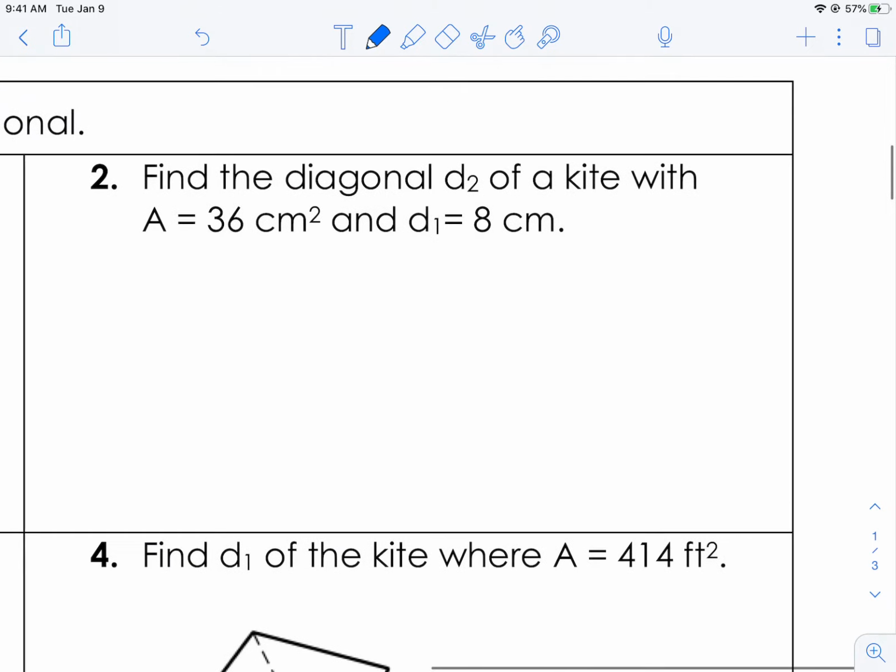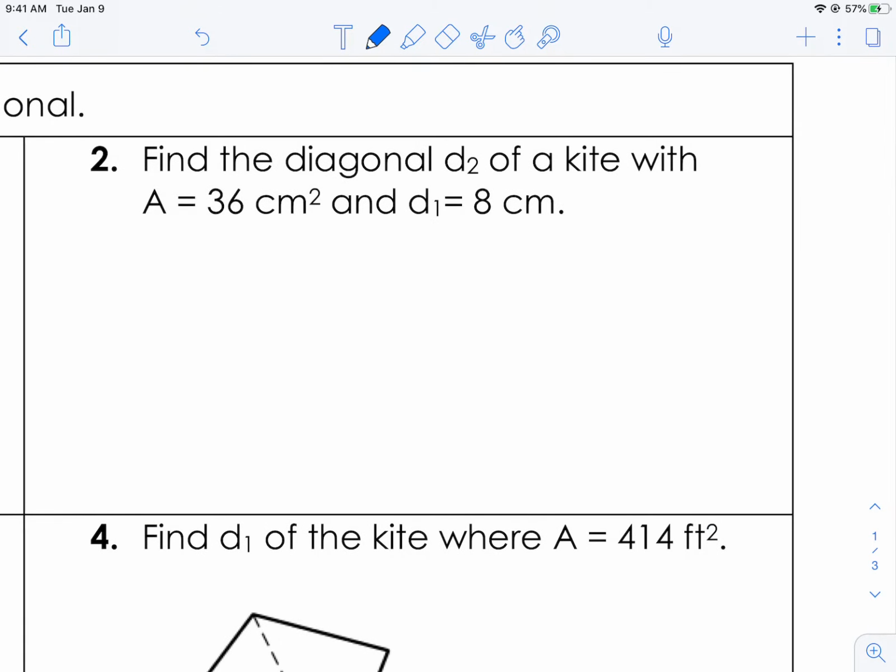Number 2. This time it's a kite, but it's the same formula. So area is equal to 1/2 D1 D2. This time they give me the area, which is 36, and they give me my first diagonal, which is 8. My other diagonal is what I'm trying to find.